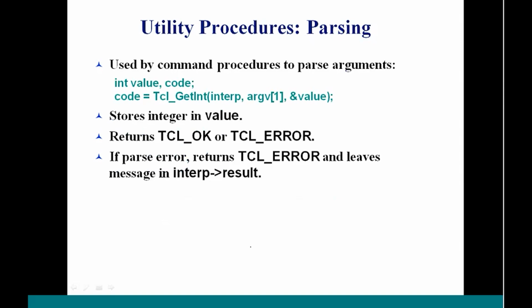So utility parsing is essentially command procedures to parse arguments. Here for an integer, this is one type of thing: code equal to Tcl_GetInt, interpreter, argv1, and value.